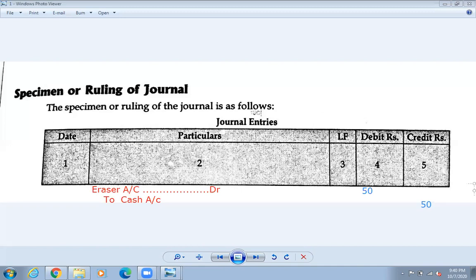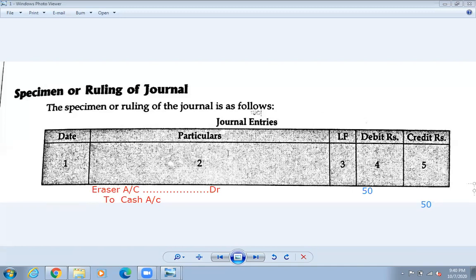What is this LF? LF is the ledger folio. That means this is the number that you are going to provide. Suppose after this journal entries, there are so many other books that you are going to prepare, such as a cash account. What is the number of the cash account?